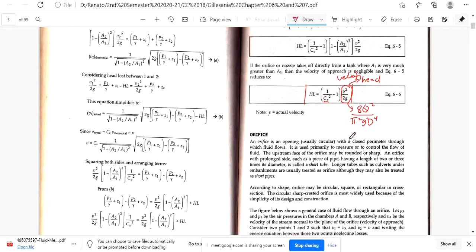So, the first device is the orifice. What is an orifice? It is a small opening.